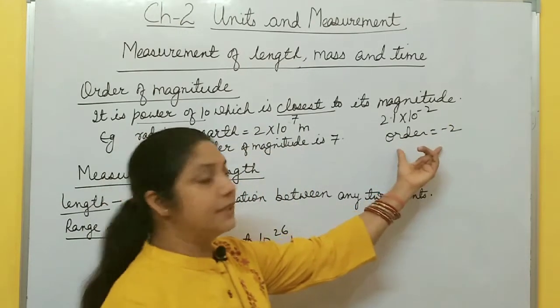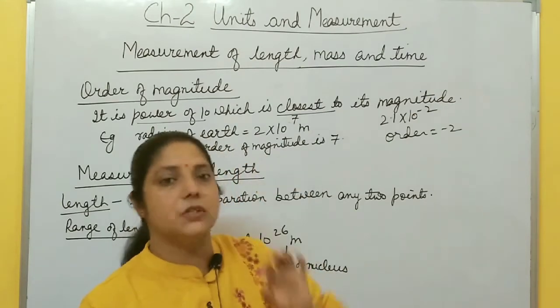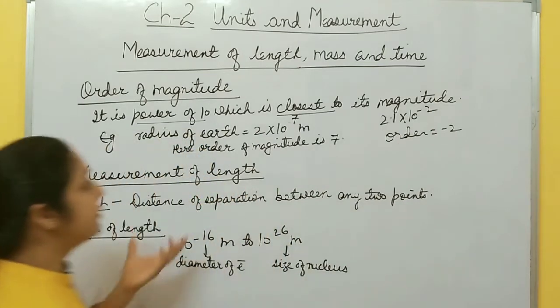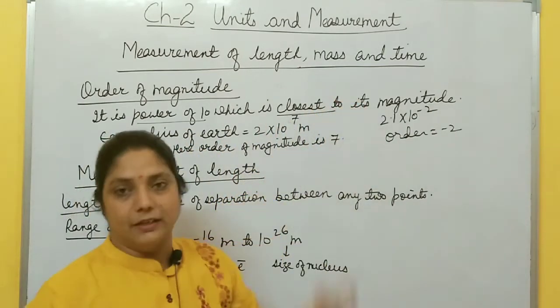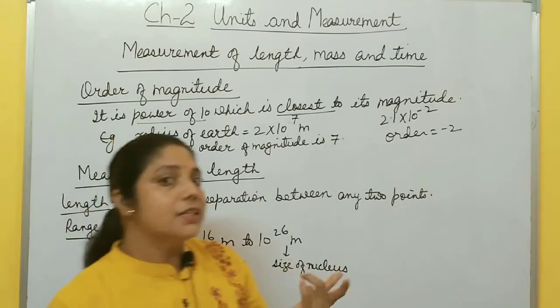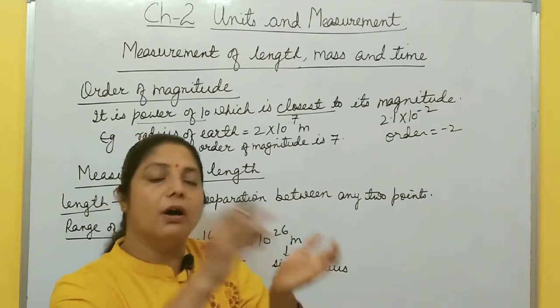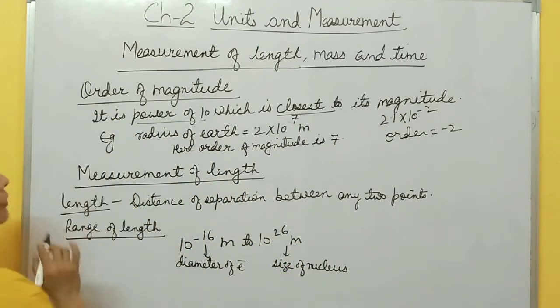This order represents how small this object is. So this order of magnitude gives an idea about how close this value is. It does not give the exact value, it just gives an idea how small or big any physical quantity is, right? So you must know about order.